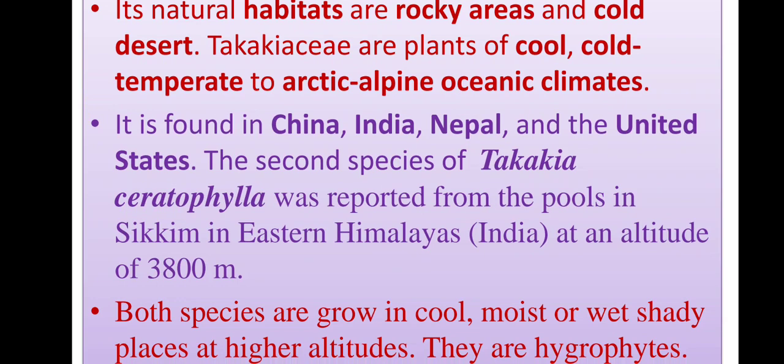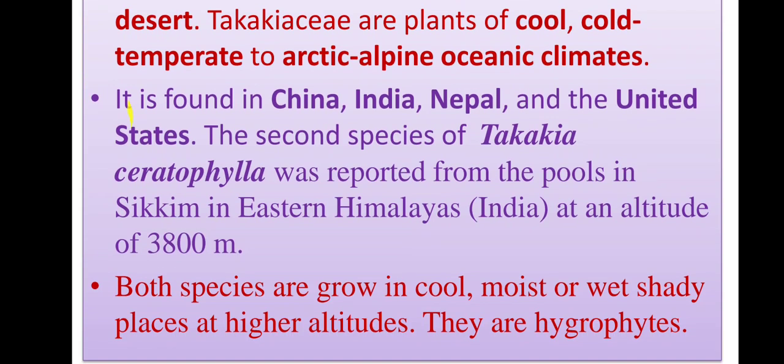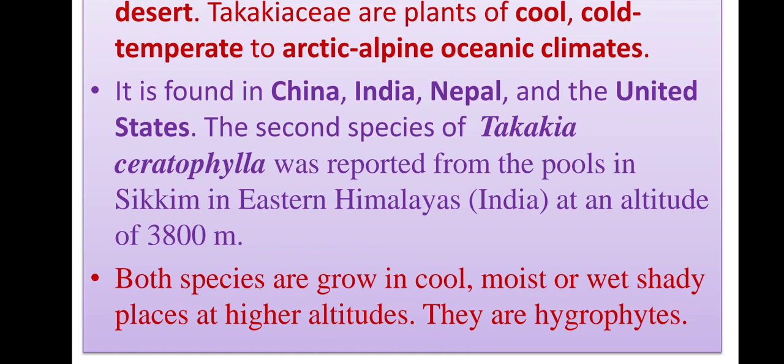The Takakiaceae family is of cosmopolitan nature, also found in China, India, Nepal and the United States. The second species, Takakia ceratophylla, was reported from pools in Sikkim in the eastern Himalayas, also found in India at an altitude of 3080 m above sea level. Next, both species grow in cool regions, moist, wet, shady places at higher altitude.